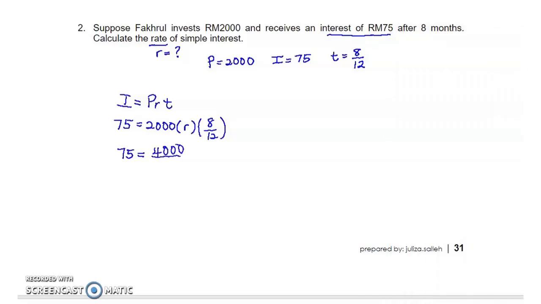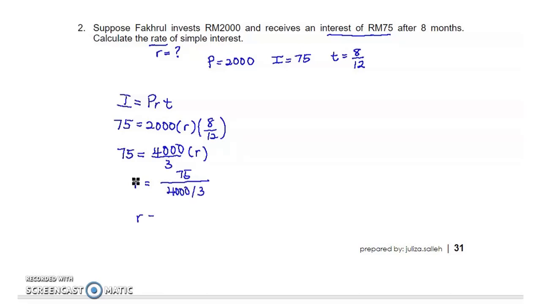So 4,000 over 3 R. Don't forget R here. Now you want to find value R. So R equals 75 divided by 4,000 over 3.